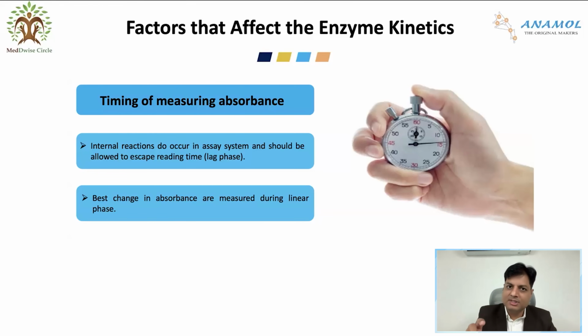And when the enzyme starts showing the maximum activity or maximum kinetics, that part of the graph is called the log phase. We have to measure the activity of the enzyme only in the log phase. We should not measure the activity of the enzyme in the lag phase, because in the lag phase, the reaction has not been stabilized. Therefore, the timing of measuring the absorbance is very, very critical.